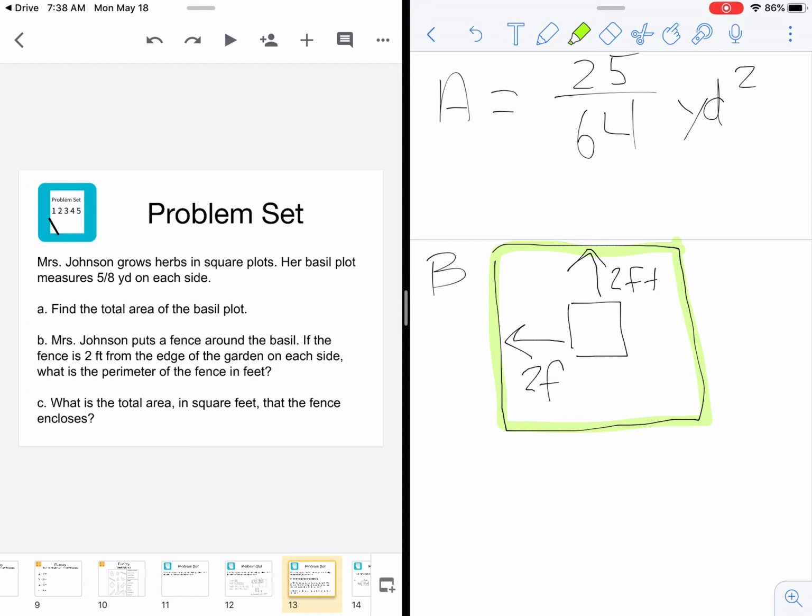So, what do we have to do? How do we find this? Well, we know the area. We know that these sides are 5/8. Each side is 5/8, right? So each of our sides is 5/8.